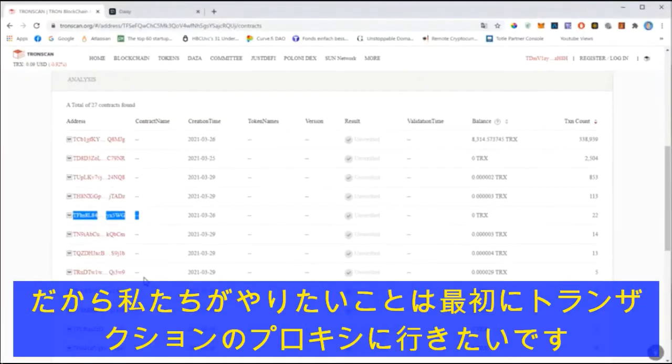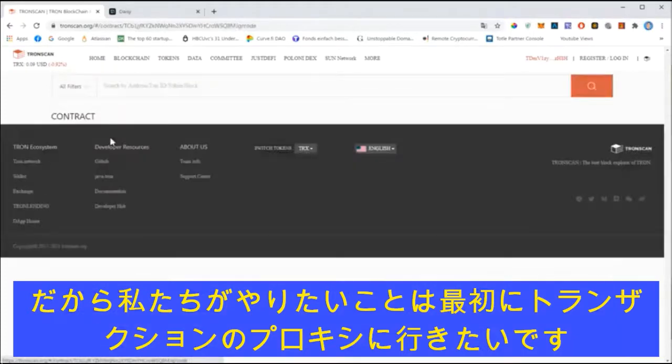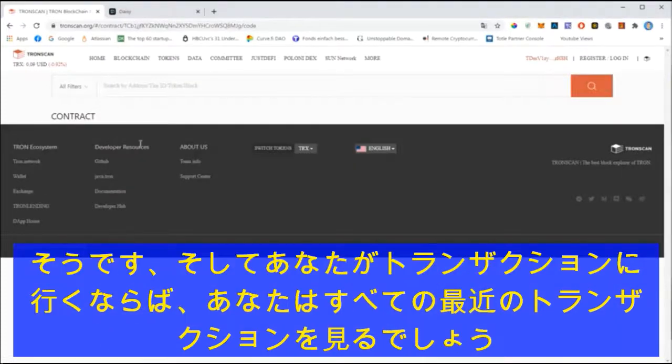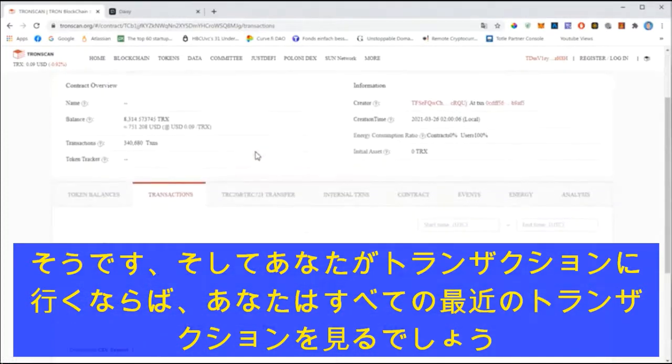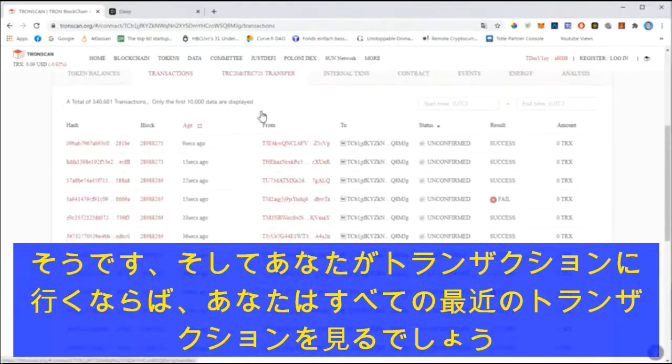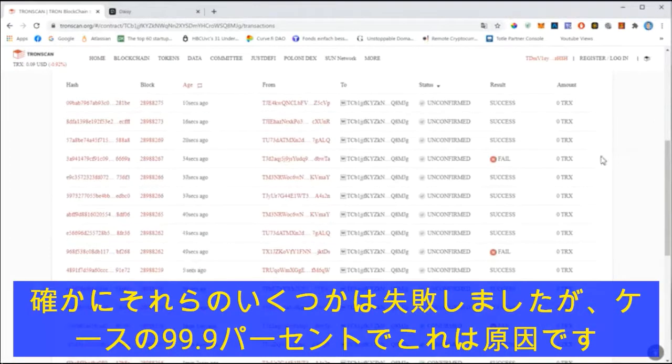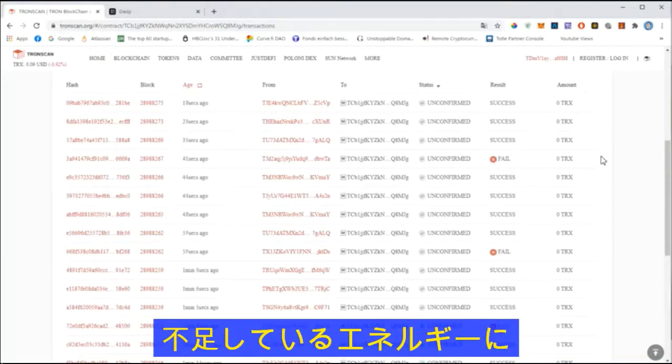So what we want to do, we want to first go to the proxy for transactions, right? If you go to transactions, you will see all the recent transactions. Some of them have failed, but in 99.9% of the cases, this is due to the missing energy.